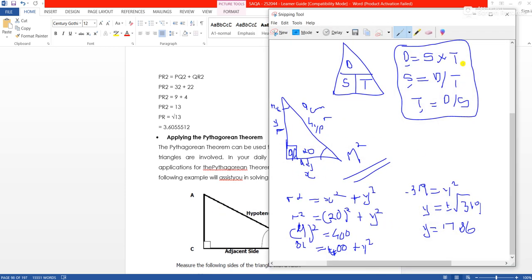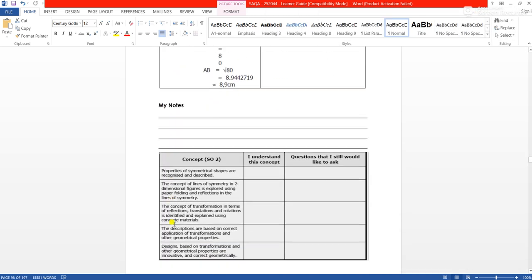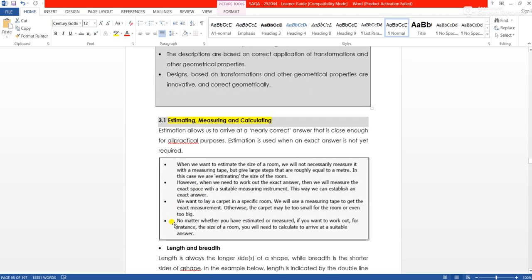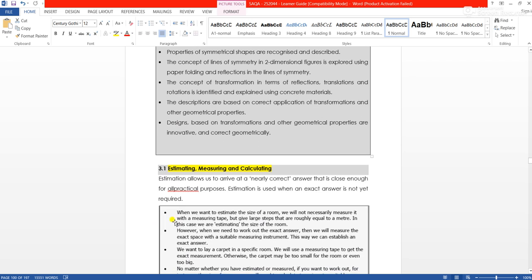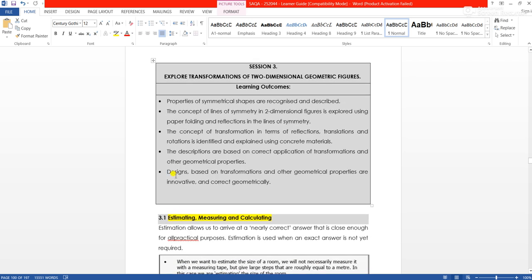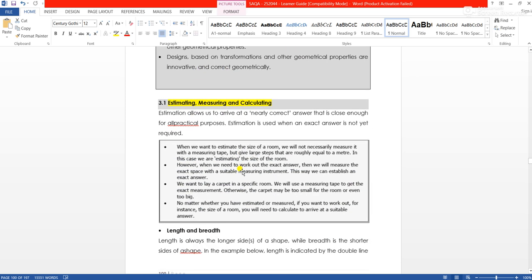I think that's it when it comes to session 2. So let's move on to session 3, which is exploring transformations of two-dimensional geometric figures, estimating, measuring, and calculating.